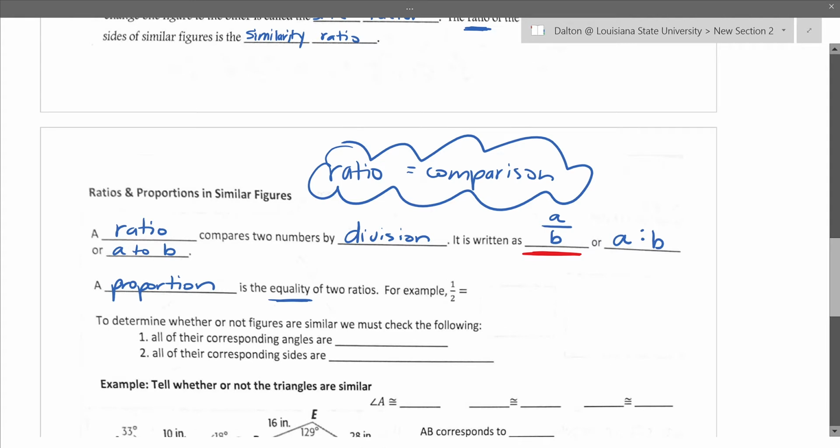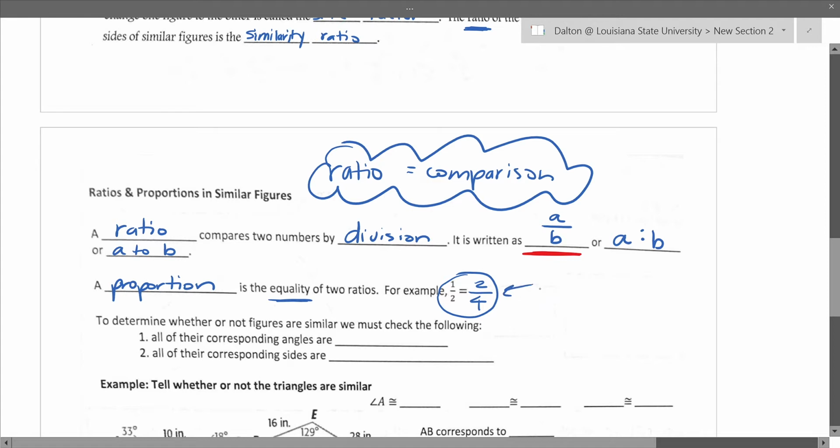So hopefully you thought of something like 2 over 4. Isn't that also the same thing as 1/2? So this together would be called a proportion. Two things that are equivalent but they just look a little bit different. 1/2 is equal to 2/4.